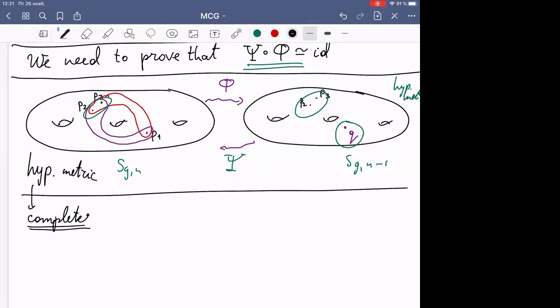All they are true only for complete hyperbolic metric of finite area. And if we restrict this hyperbolic metric to the surface with one more puncture, the metric is incomplete. So none of this holds. We may introduce here a hyperbolic metric, but it has nothing to do with this hyperbolic metric.